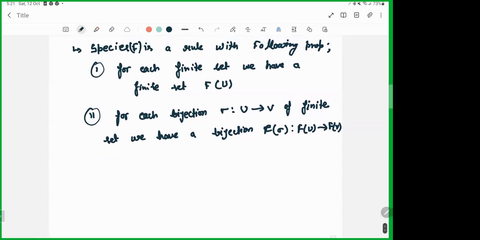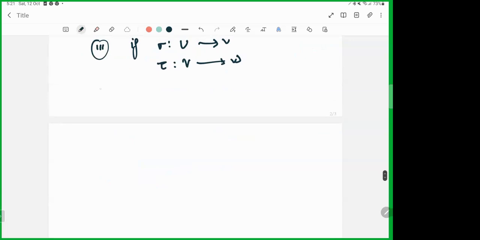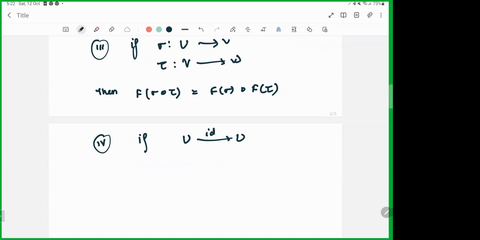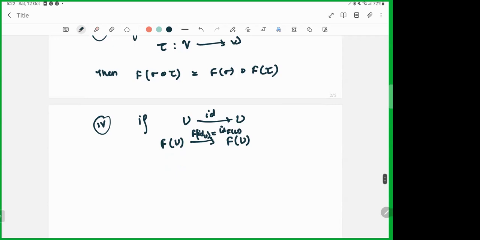Then we have the normal composition rule: if sigma maps U to V and tau maps V to W, then F of tau composed with sigma is F tau composed with F sigma. And the fourth one: for the identity map of U, F of the identity of U should also be the identity of F of U. So these are all the conditions.